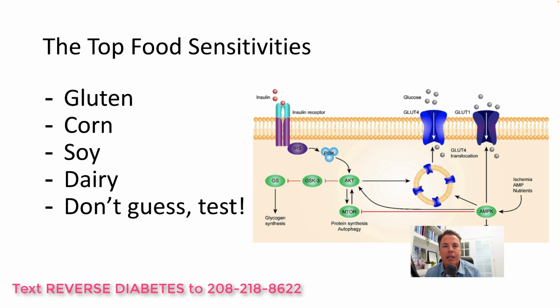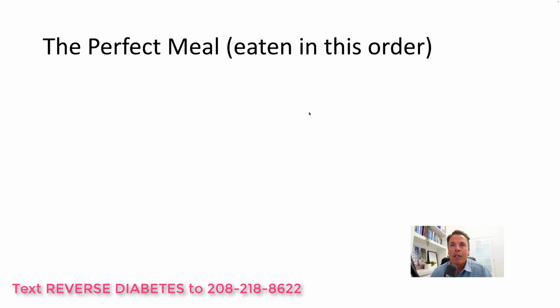But I will also tell you this, that when we're trying to get your blood sugar back to normal, it is a great practice to get off of these foods completely while your blood sugar stabilizes. Do the test and then start reintroducing these foods based off of what the blood test tells us. That's how we slow the insulin receptor attack down here. The other option is, we're going to talk about it in a minute, if you exercise so much a week, you can actually produce more of these insulin receptors and make your cells more metabolically healthy.